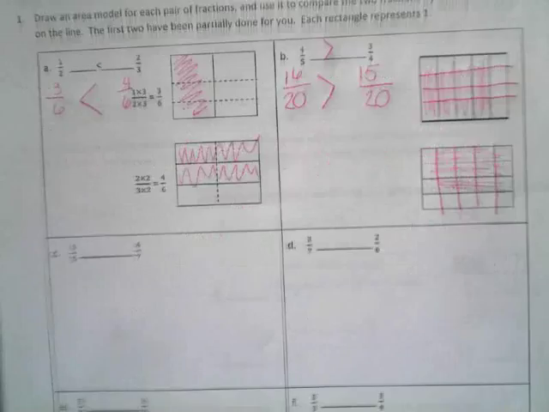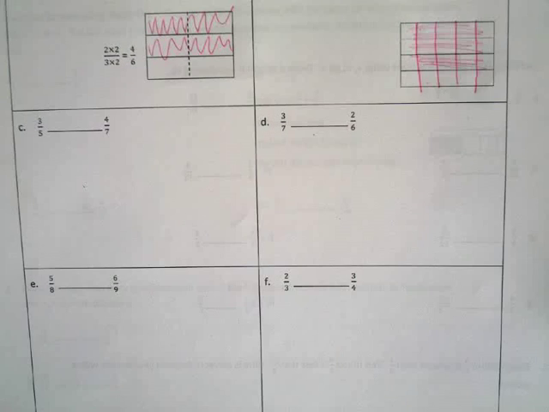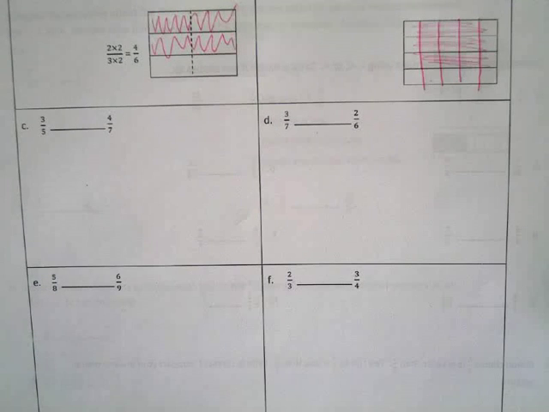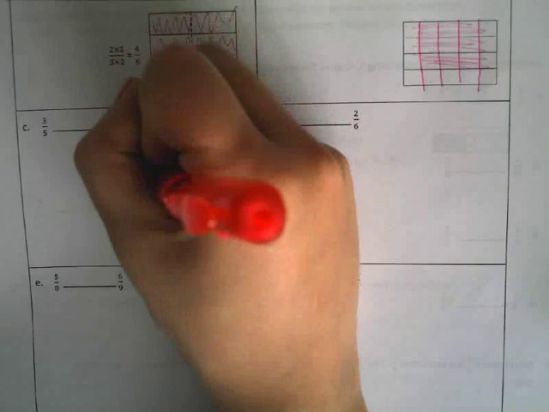All right, let's scooch down to C. We have 3/5 and 4/7. Let's go ahead and do what first? What should we do first? I heard someone say it. Draw our boxes. Yeah, just go ahead and draw 2 boxes, right?